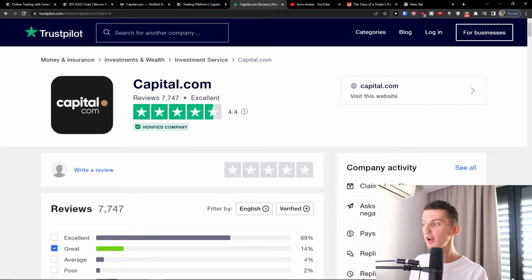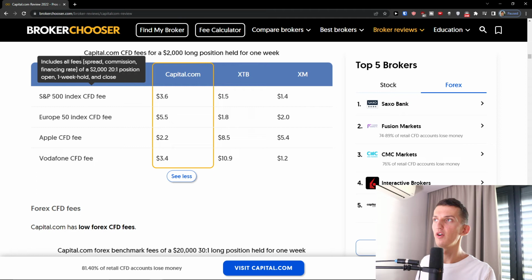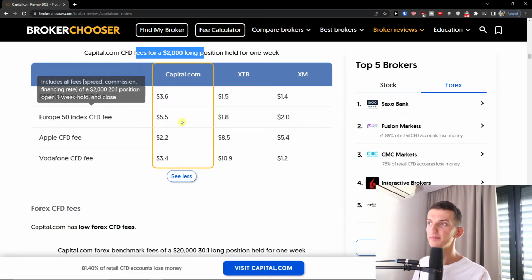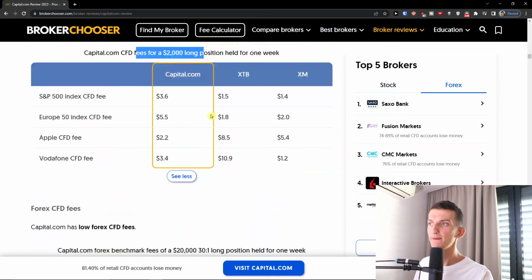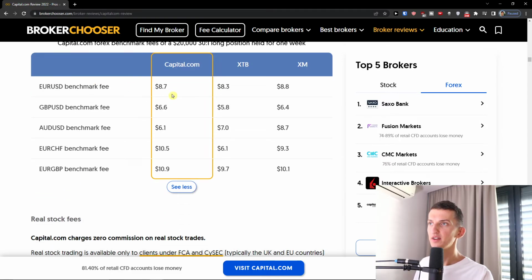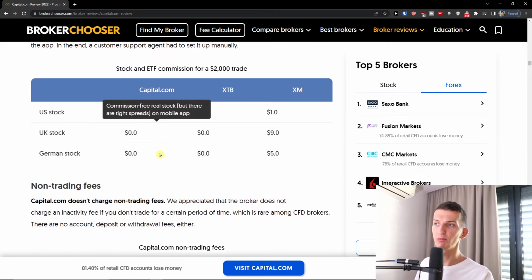And when I go further, I want to show you other things here. So these are the CFD fees for a 2,000 long position held for 1 week. And you see it right here. It is a little bit higher. And here is the benchmark fees, and real stocks fees are completely free.